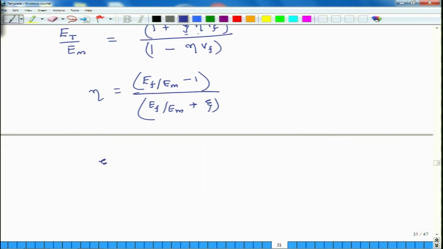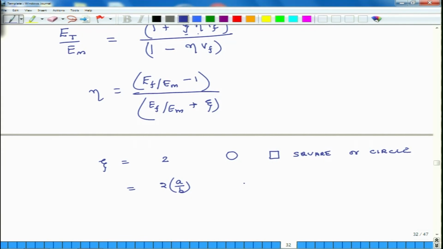And zeta depends on the type of fiber which we use. So, its value is 2 if the fiber is circular in cross section or it has a square cross section. But if it is a different cross section, let us say rectangular or elliptical, in that case it is twice of A over B, okay. And what is A?